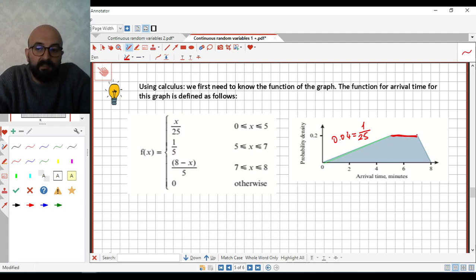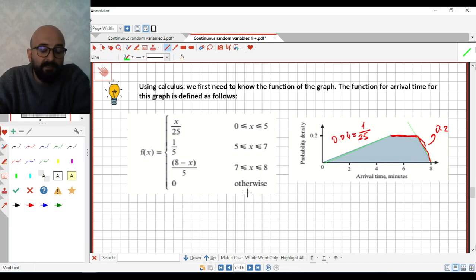And this line's gradient is 0.2. So this line's equation is (8 minus x) over 5 if x is between 7 and 8.